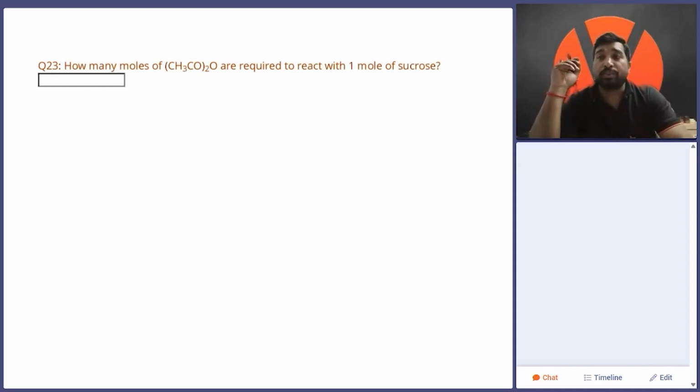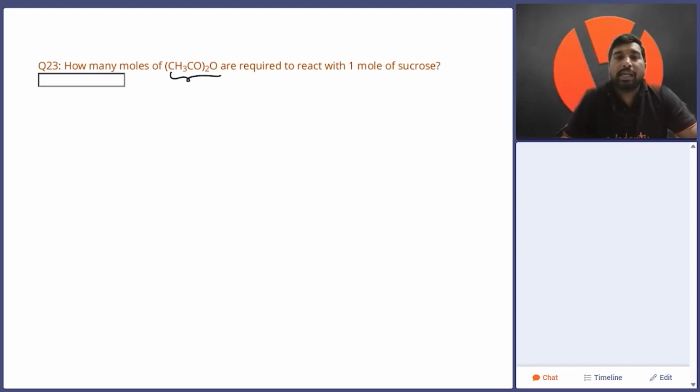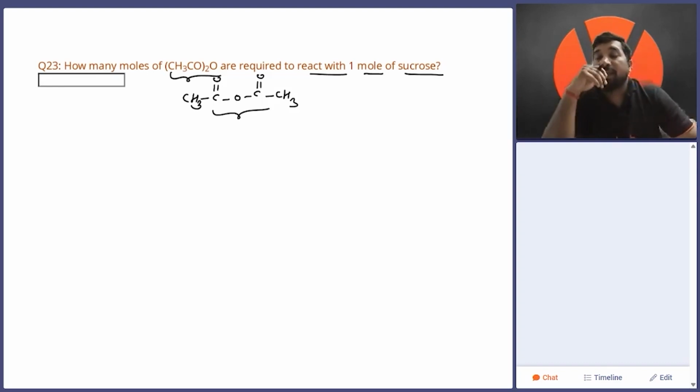Now come to the next question, guys. How many moles of CH3CO, basically acetic anhydride, are required to react with 1 mole of sucrose? Basically, acetic anhydride will react with the OH groups present in sucrose.